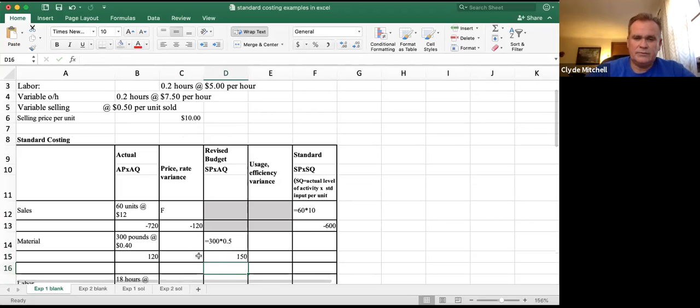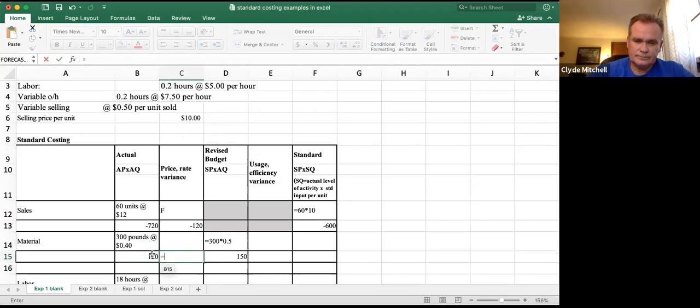So we got 150. The difference over here is going to be equal to what it actually cost us and what it should have cost us at the standard price, which is $30. In this particular case, it did cost us less than what it should have, so that is a favorable variance.